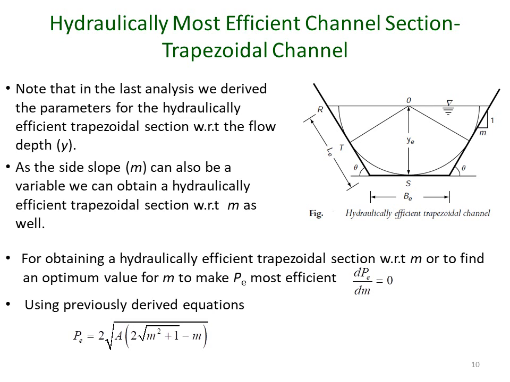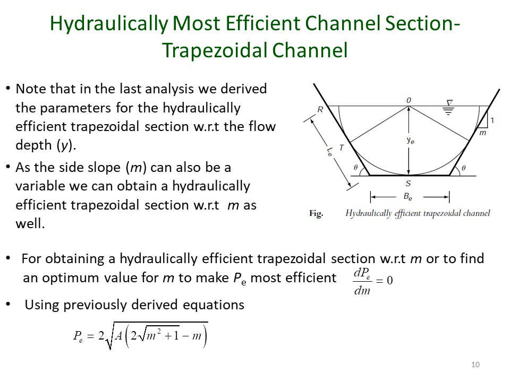Then we can differentiate the weighted perimeter. The weighted perimeter we are talking about now is that of the most efficient section we have already achieved, considering y as variable.